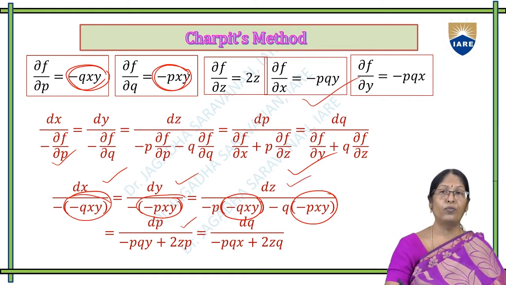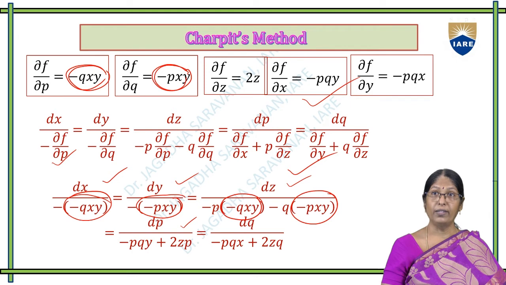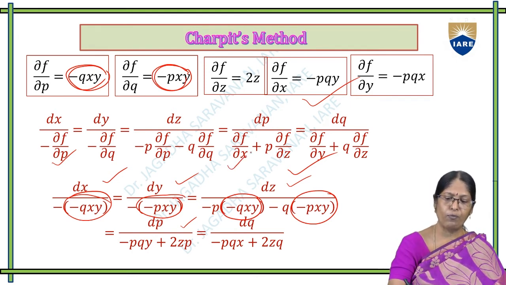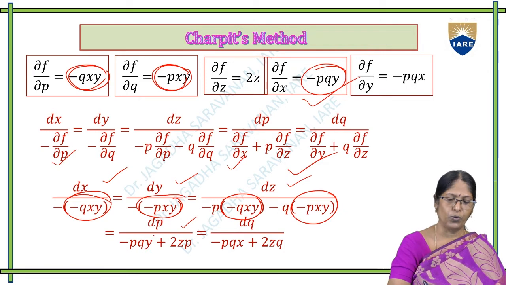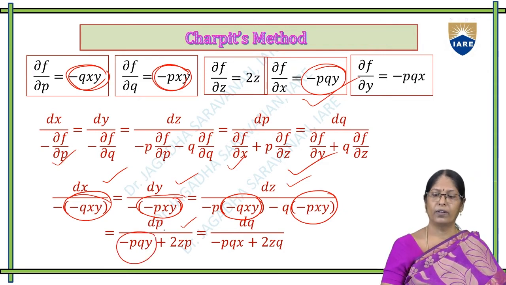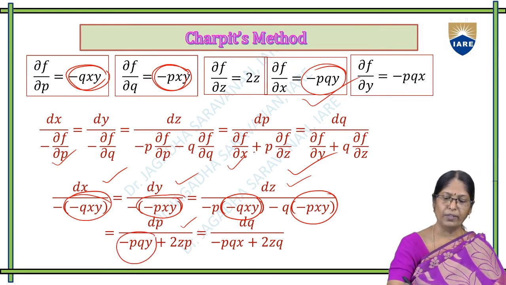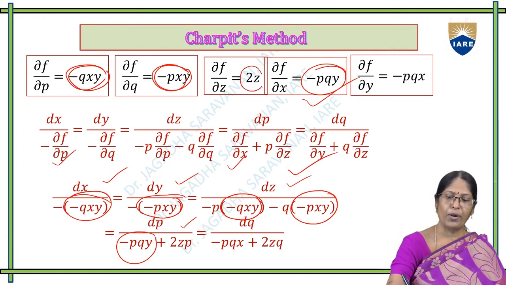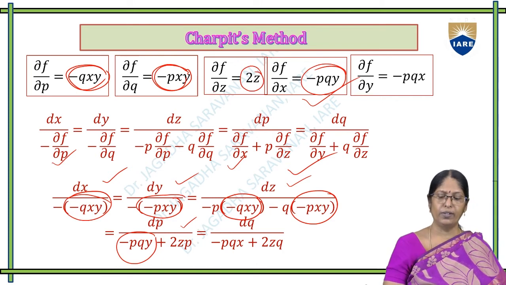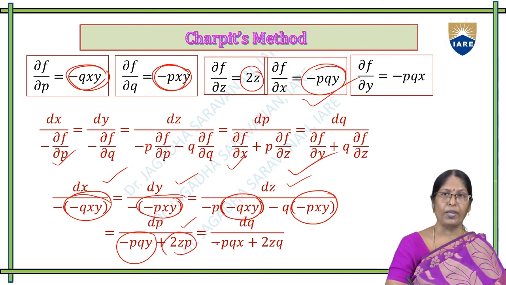Now we are at the fourth member, that is dp by dou f by dou x. Here there is minus pqy, so it is written here. Next, plus p into dou f by dou z. Our dou f by dou z is 2z. So 2zp.